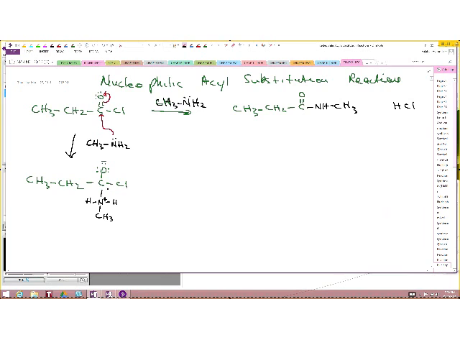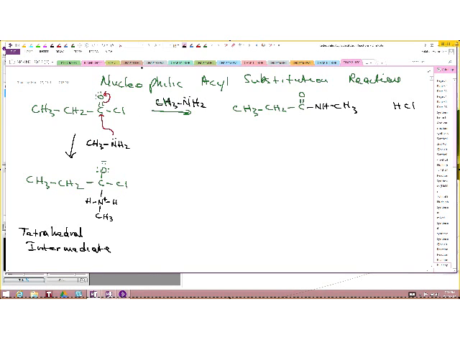Of course, the nitrogen will be positively charged, so it is called a tetrahedral intermediate.